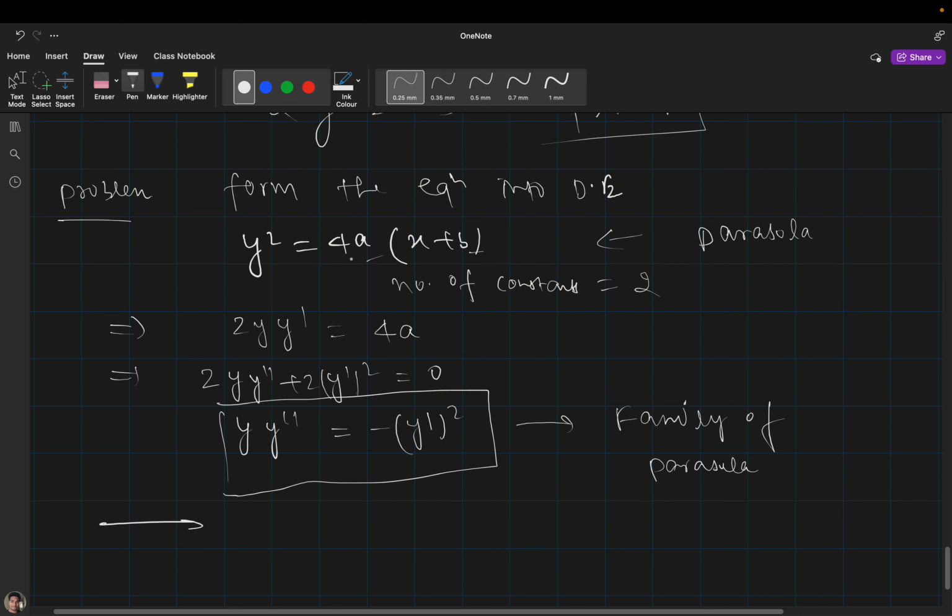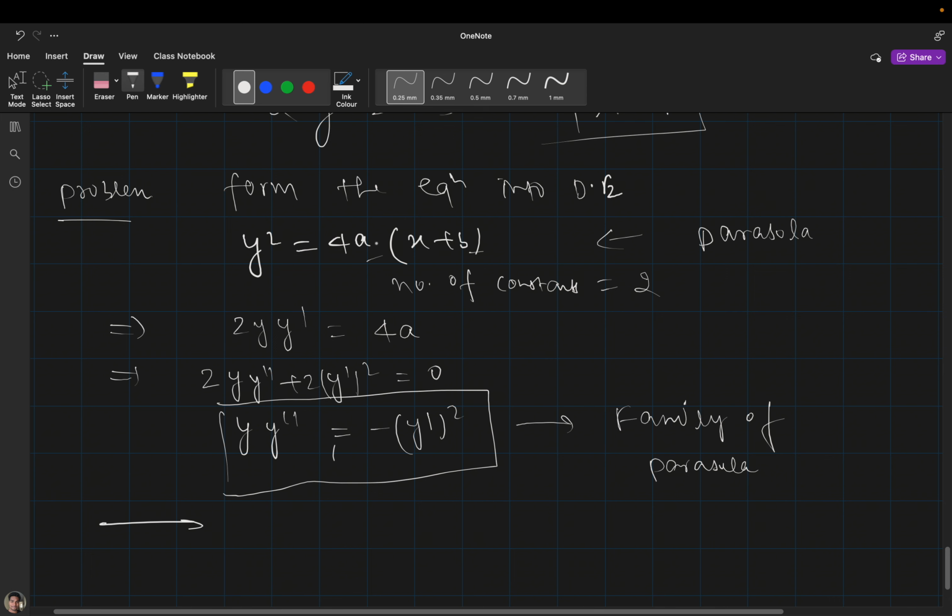This is actually a boundary value problem. Which means that you need two boundary conditions to get a particular solution. This is not a particular solution, this is a general solution, because it has two constants a and b, and after imposing boundary conditions you can get a and b.